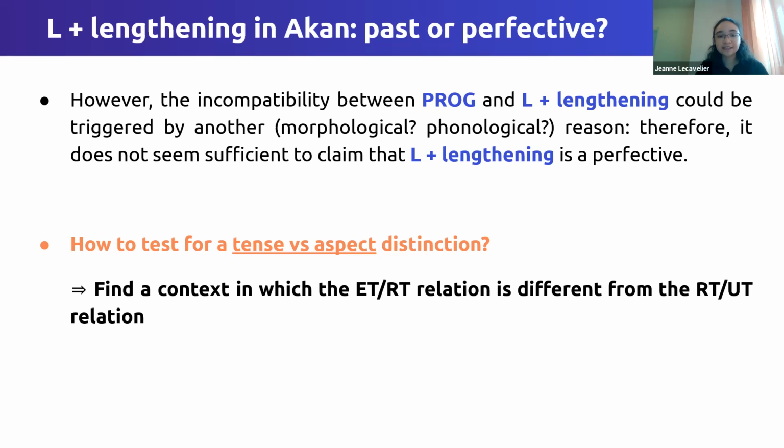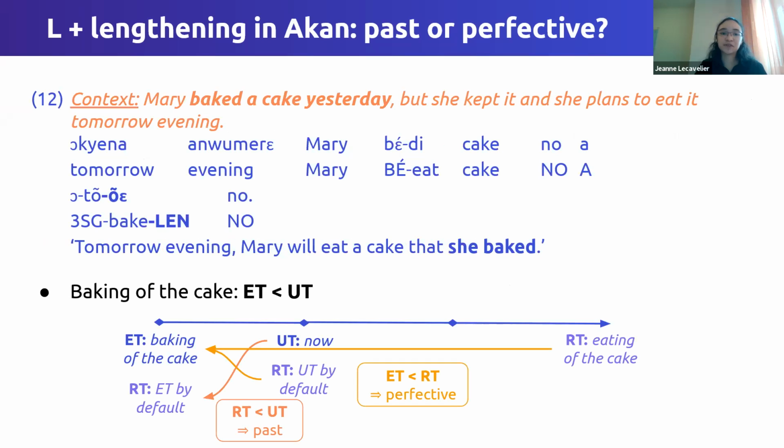And when you want to test this kind of thing, this is where complex sentences are very useful, because you can play with all the times: the reference time, the return time, and the event time. So we came up with this sentence that you can read in 12. Tomorrow evening, Mary will eat a cake that she baked.